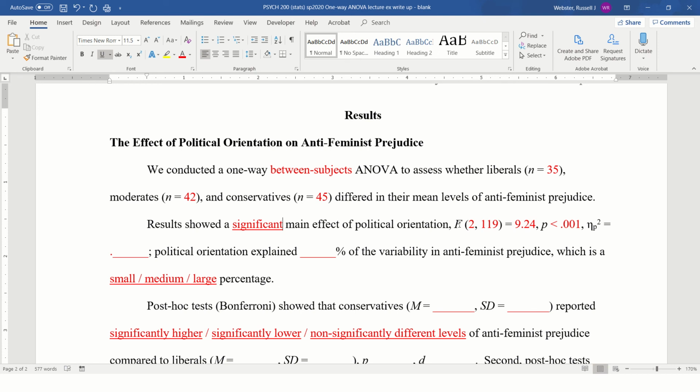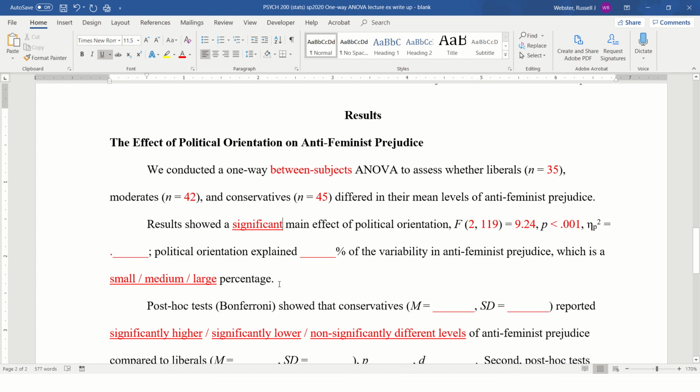What we don't know is how moderates fit in the picture here, or how moderates are going to compare to liberals and to conservatives. In order to find that out, we'll have to look at the post hoc tests, the Bonferroni post hoc tests. But let's not get ahead of ourselves. That's going to be in the next video.